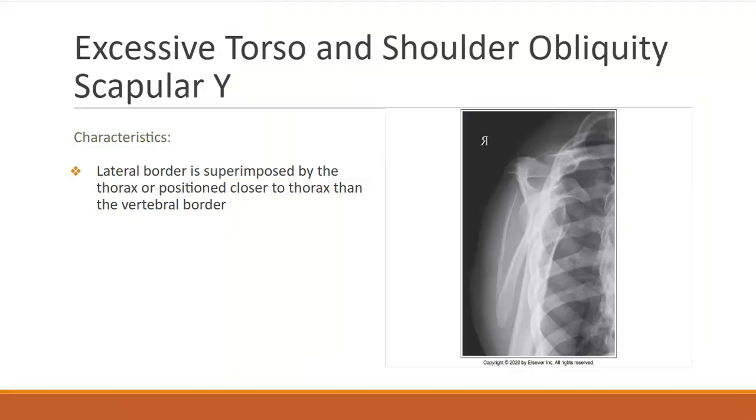So let's discuss the effects of excessive and insufficient torso and shoulder obliquity in a Y view. When excessive obliquity is present, the lateral border of the scapula is either superimposed by the thorax or positioned closer to the thorax than the vertebral border. This misalignment affects the appearance of the glenoid cavity, which rotates in the same direction as the lateral border.